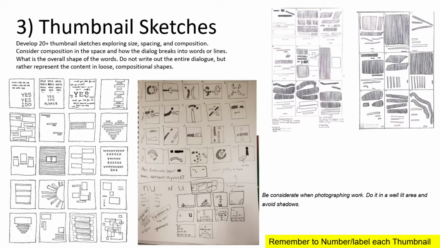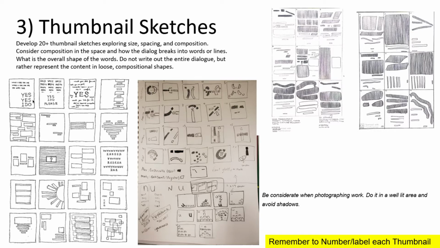You'll develop 20 or more thumbnail sketches exploring size, spacing, and composition. Consider composition in the space and how the dialogue breaks into words or lines. That's misspelled. What is the overall shape of the words? Do not write out the entire dialogue, but rather represent the content in loose compositional shapes.